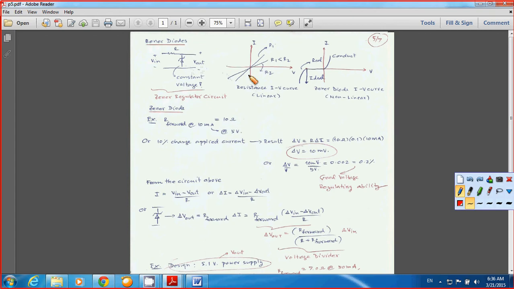First, you take a look at the IV curve for a resistance. V equals IR, and you have a linear relation between I and V. So that's why you get a straight line here, and the slope of the plot will give you the resistance.